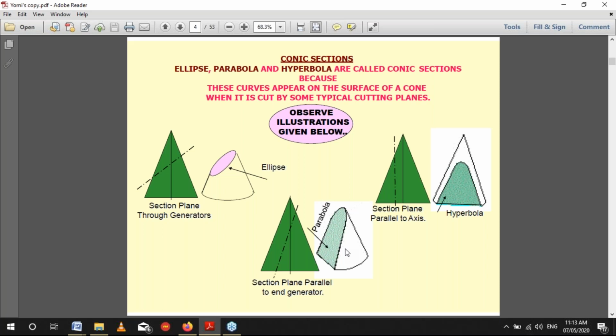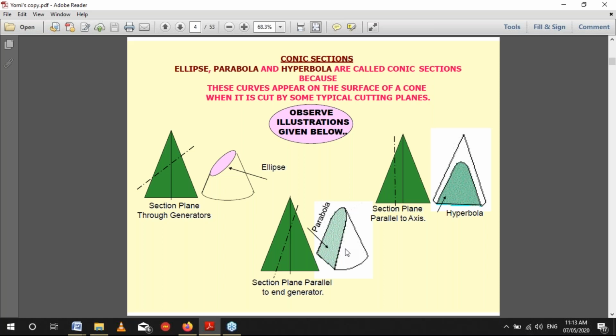Now let's quickly look at some common definitions. They are the loci of points moving in a plane such that the ratio of the distance from a fixed point and a fixed line always remains constant. So let's look at the eccentricities.